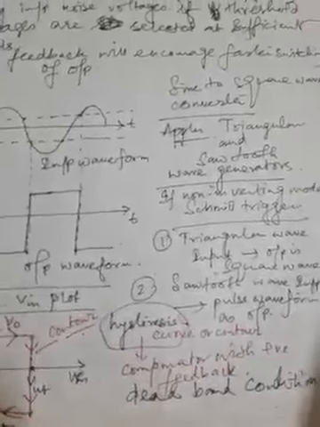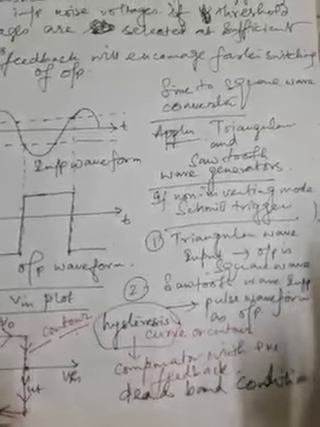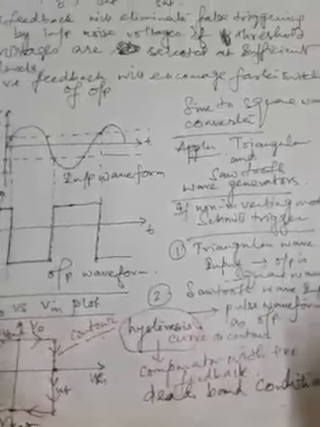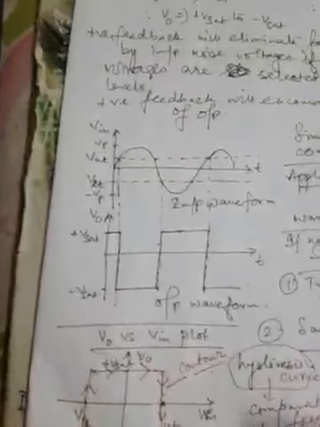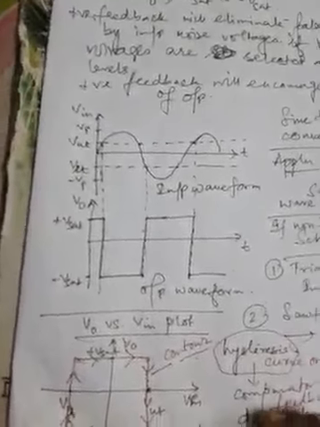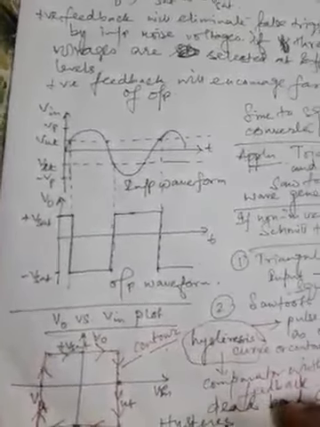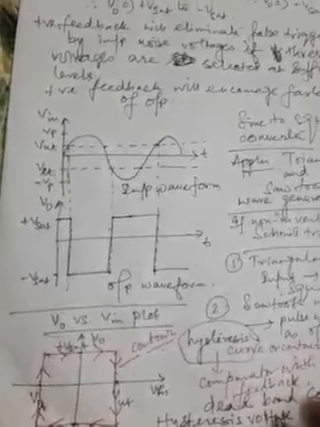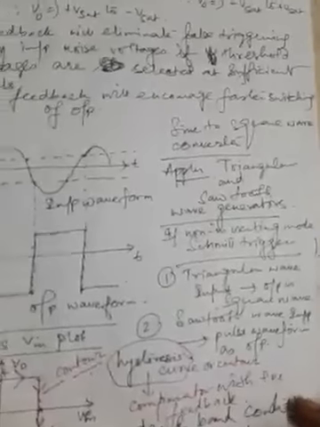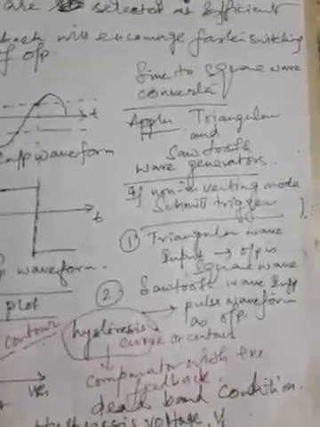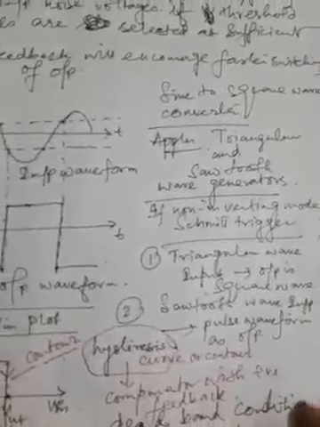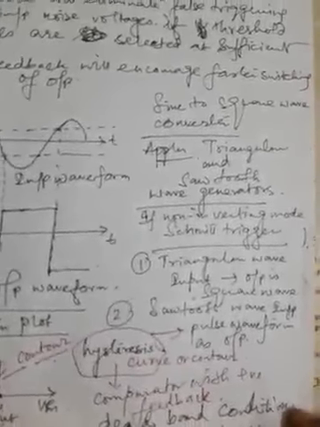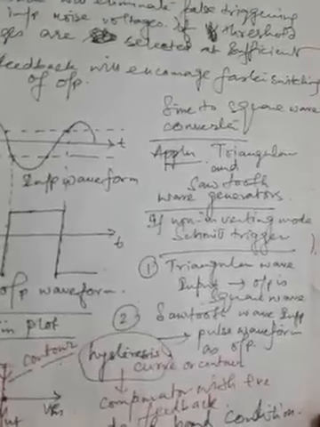So the hysteresis voltage is of course equal to the difference between the two threshold voltages. So hysteresis voltage, mathematically denoted by VHY, is the difference VUT minus VLT.